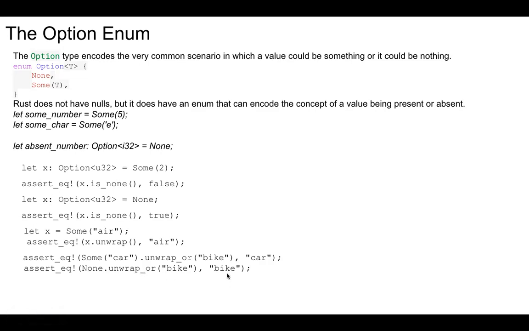It will be equal to bike because it's None, right? Here you were giving a value. Here, instead of Some car, if you had given some other variable, it would have been bike. Like instead of car, if it was bus, the value of this would have been false. It's not equal.